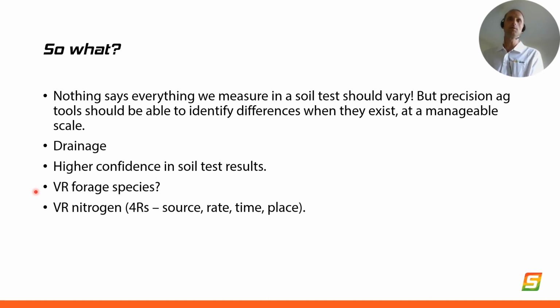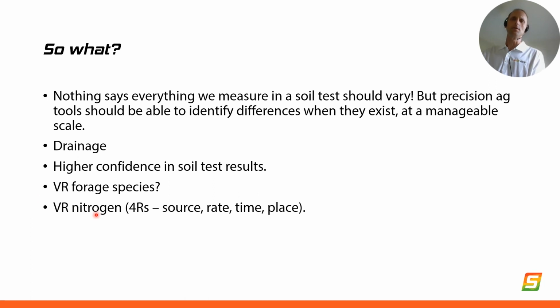Is there an opportunity to split paddocks into management zones where we actually see different forage mixes or species that are better suited to the soil? If it's too saline for lucerne or too water saturated or something, why spend a bunch of money on seed that's really not going to result in a crop? So some interesting opportunities there.